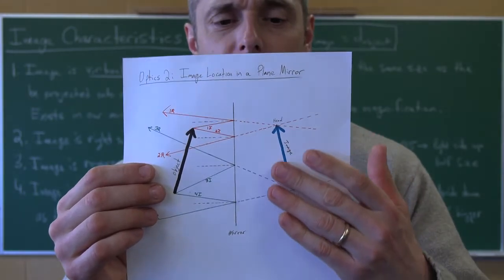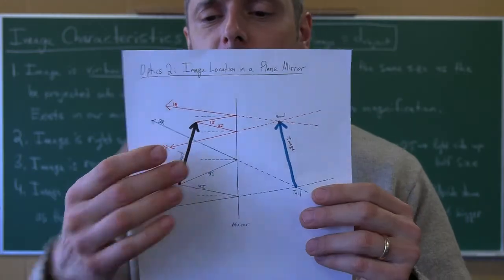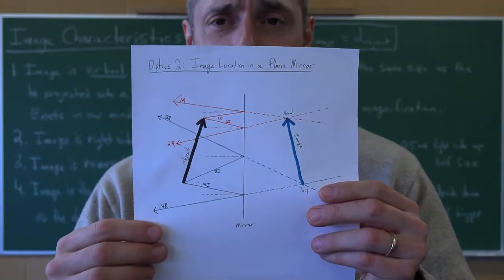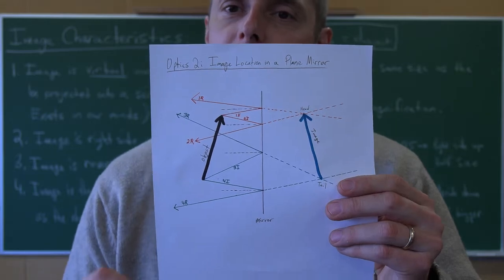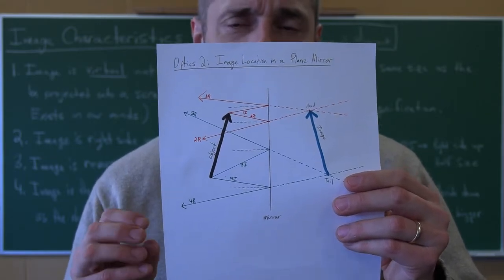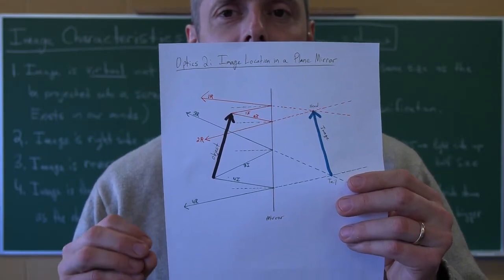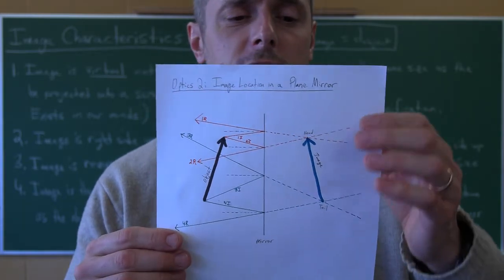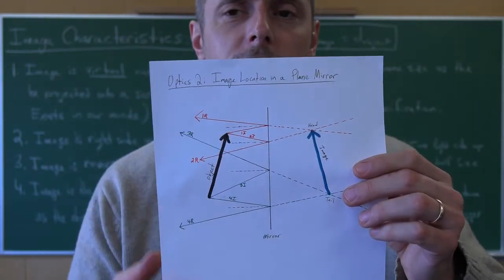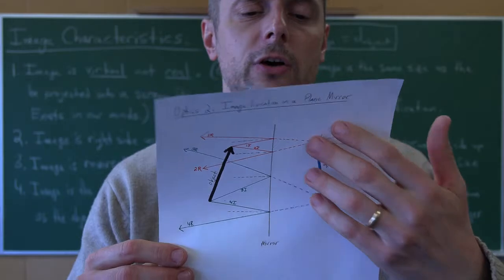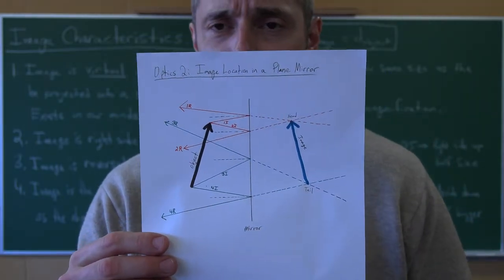Maybe this image arrow is a little bit off. It doesn't look exactly the same size and orientation as the object. And that's okay, because this is all based on drawing, and a slight inaccuracy in any one of these 4 rays over here could compound itself and you could get a very funny looking image.